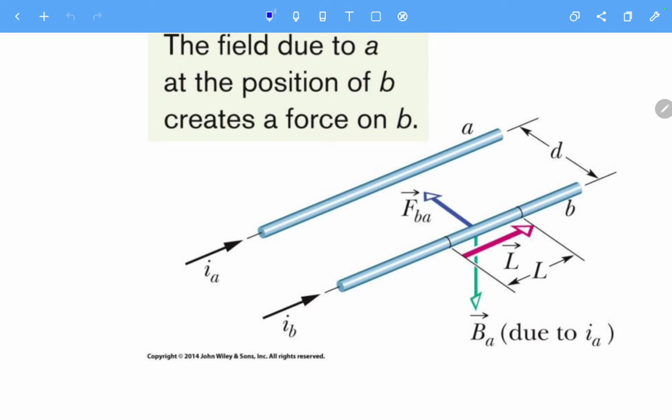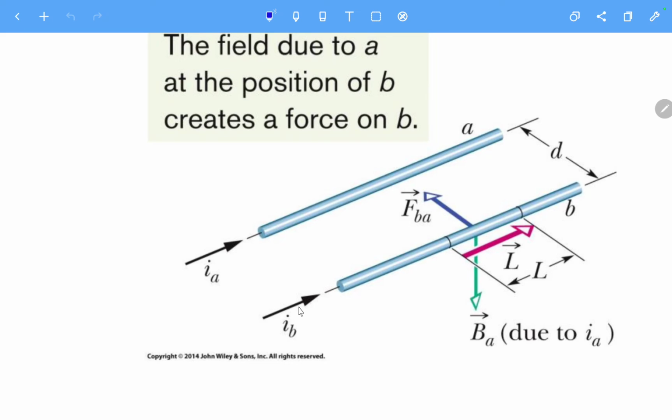It is actually perpendicular to this wire, but it is a 3D shape, so you cannot see the perpendicular there. But I can tell you that BA is actually perpendicular to this wire. So here you can see this current IA will generate a B field pointing downward at this point.